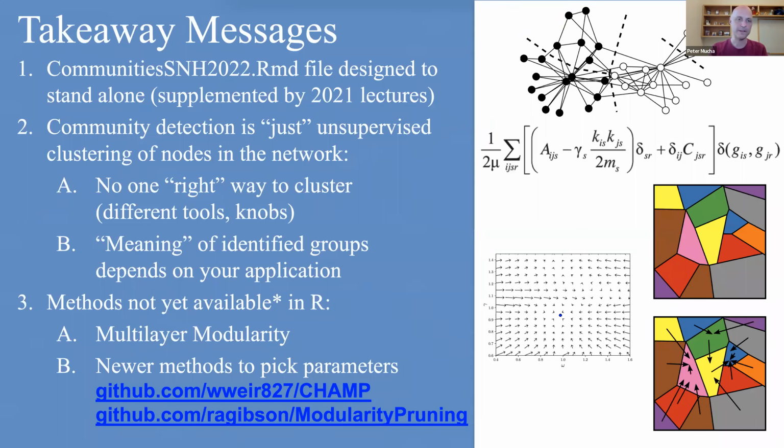And I think the safest and, from a data science perspective, most intellectually honest way to think about community detection is to see that the many different tools for community detection are completely akin to the many different tools that exist for unsupervised clustering of point cloud data. There's no one right way to cluster data, and there's no one single right way in all cases to cluster your nodes into communities. There are many different tools.